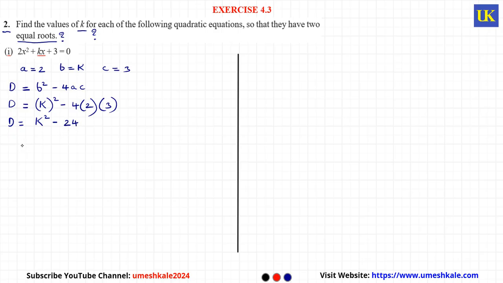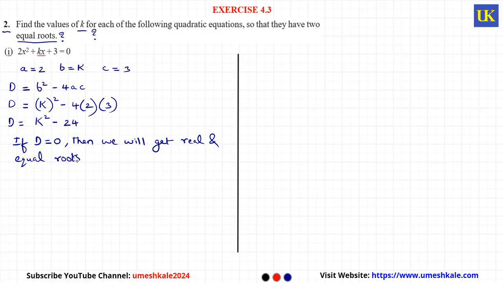Now we know that if D is equal to 0, then we will get real and equal roots.